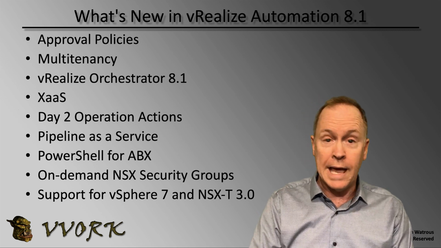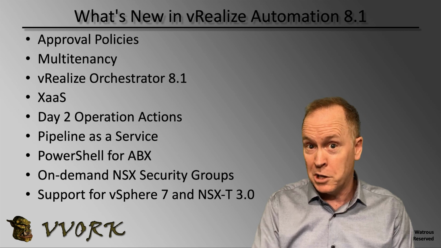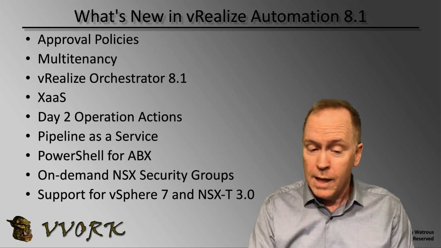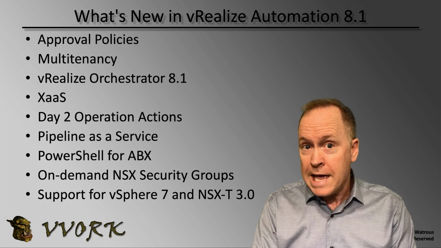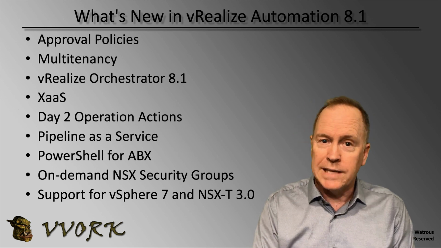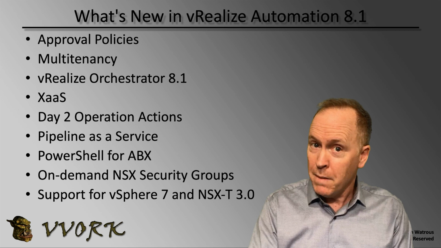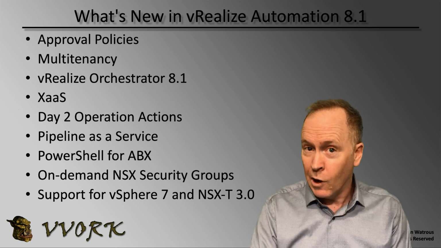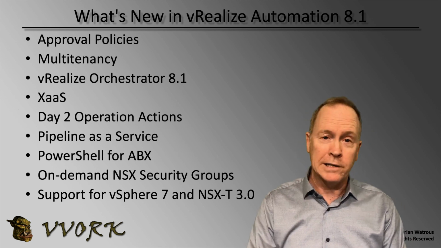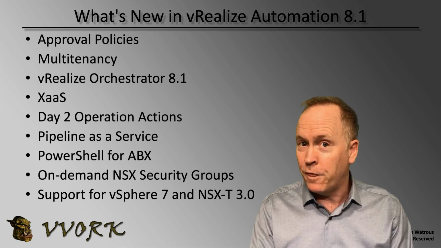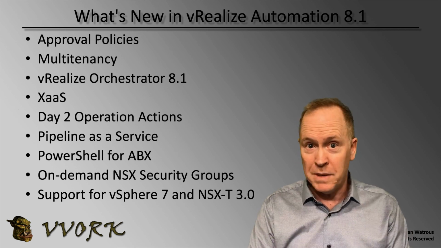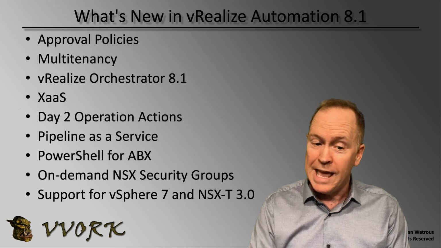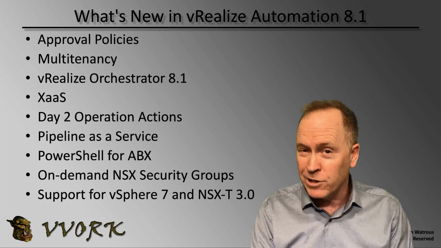You could have an ABX action that does something like put the machine into the domain. Again, in vRA 8.0 and vRA 8.0.1, ABX actions had to be written either in Python or in Node.js. But with vRealize Automation 8.1, you now have a third choice of languages to select from. Now your ABX actions can be in Python, Node.js, and we now support PowerShell.